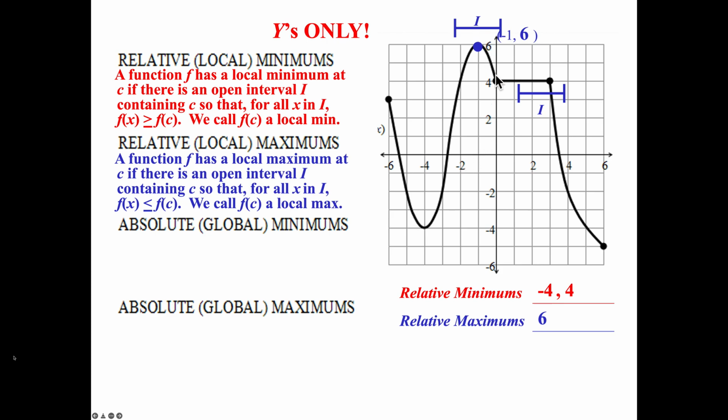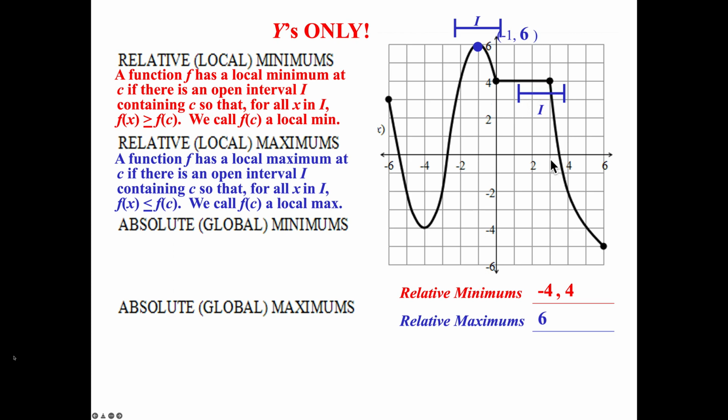Look what's happening at this relative max. Now I'm decreasing on the right side. I went from constant to decrease. So at your turning point, if the right side is decreasing and the left side is something else, it's a relative max.